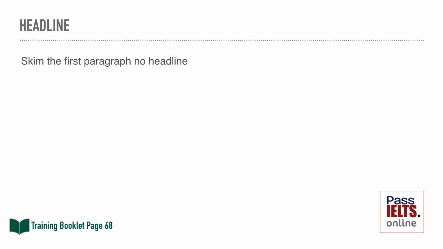As there is no headline or title to this passage, you will need to skim the first paragraph to see what the article is about. I'll give you a little bit of time to do that. The article is about marketing in the tobacco industry.